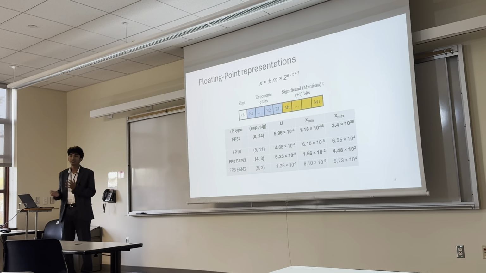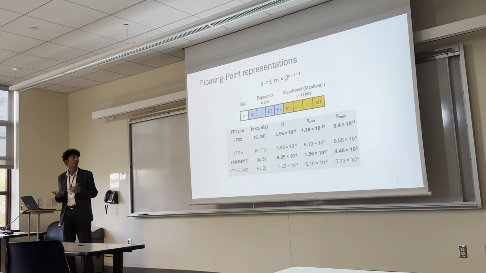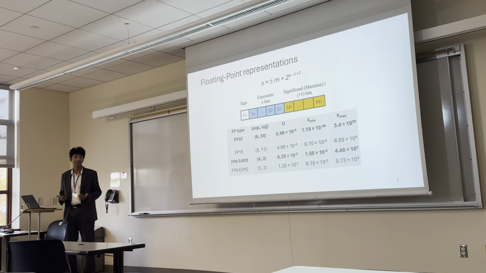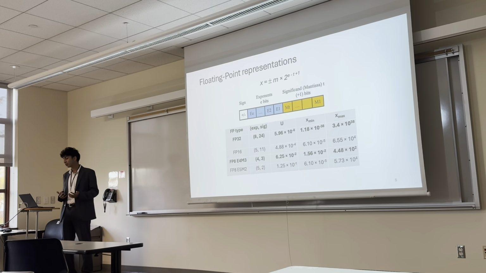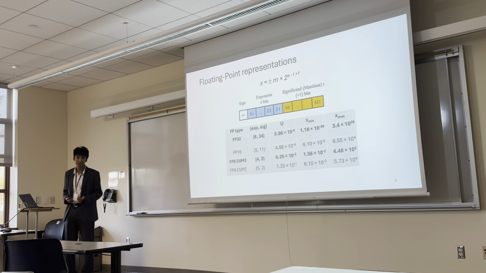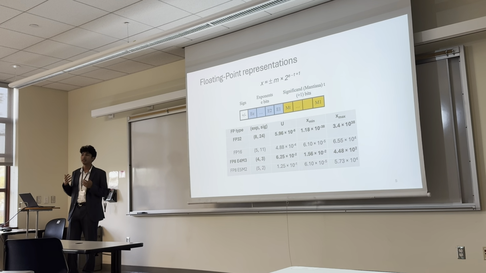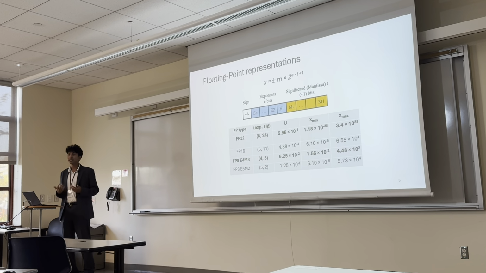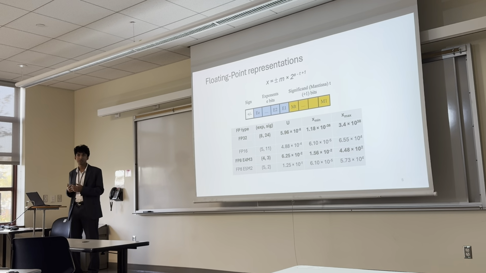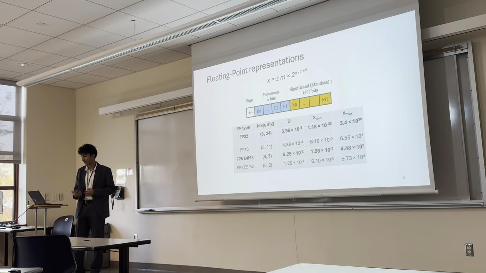So I mentioned floating point before, but how are they actually represented in computers? Floating point data types consist of exponent bits, which define its dynamic range, and mantissa bits, which determine how precise the number actually is.